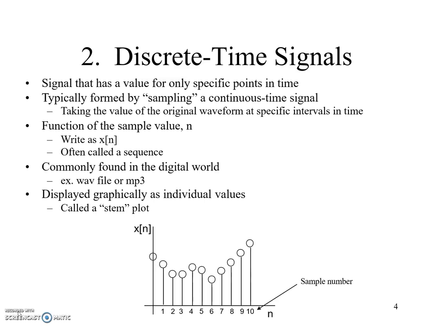A commonly found signal in the digital world is a wave file or MP3 file. Here the signal value is available only at discrete values. This graph is called a stem plot. In a discrete time signal, the amplitude is continuous, but the time domain is discretized.